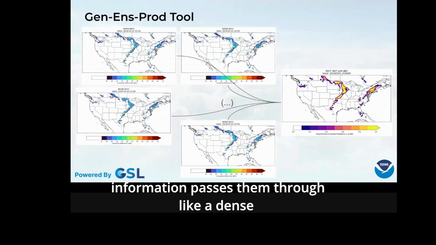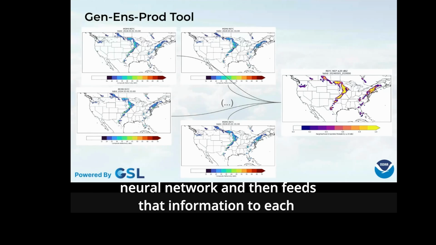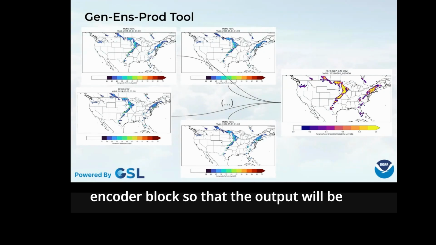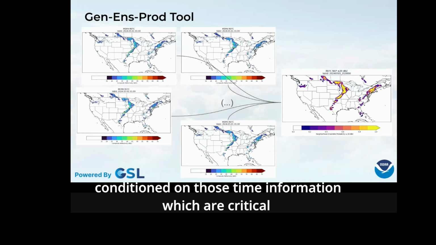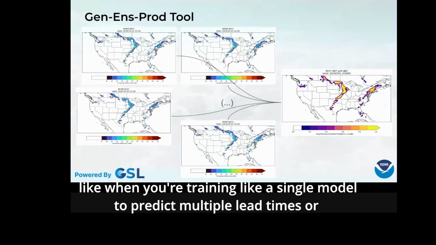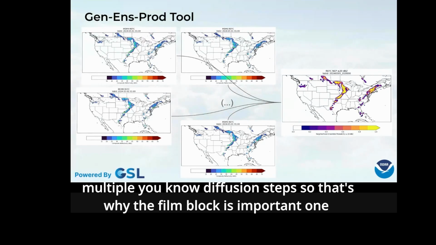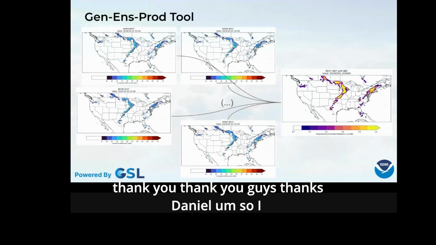So the FiLM block accepts that time information, passes it through a dense neural network, and then feeds that information to each encoder block so that the output will be conditioned on the time information, which is critical when you're training a single model to predict multiple lead times or multiple diffusion steps. That's why the FiLM block is important to have.